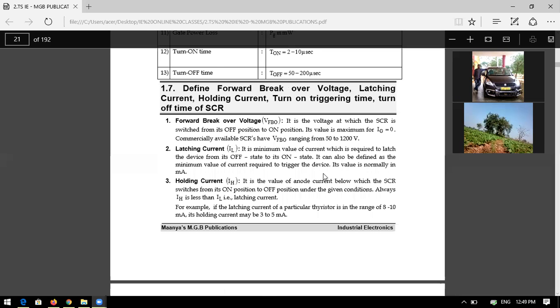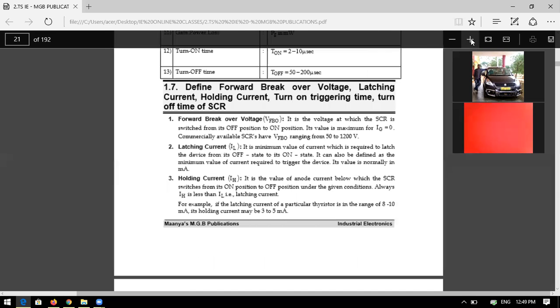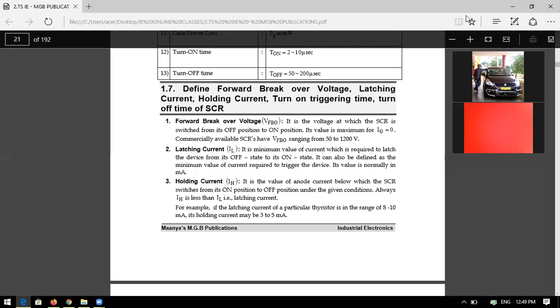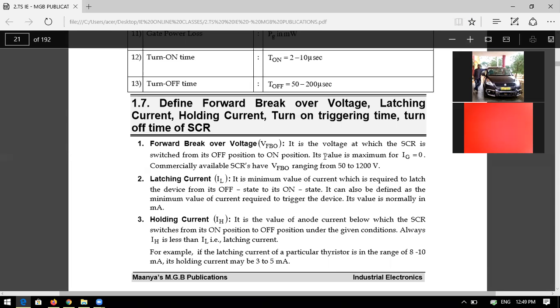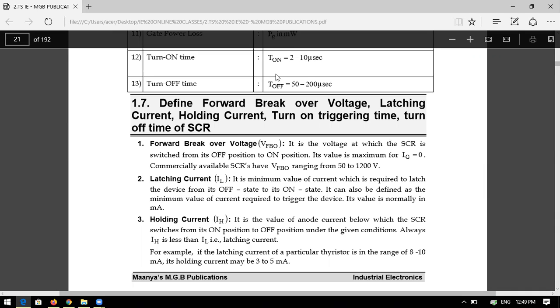They will ask these many times in the question paper: what is the forward breakover voltage, what is latching current, what is holding current. They may ask a 3 marks question. So write down in your notes what is the forward breakover voltage.